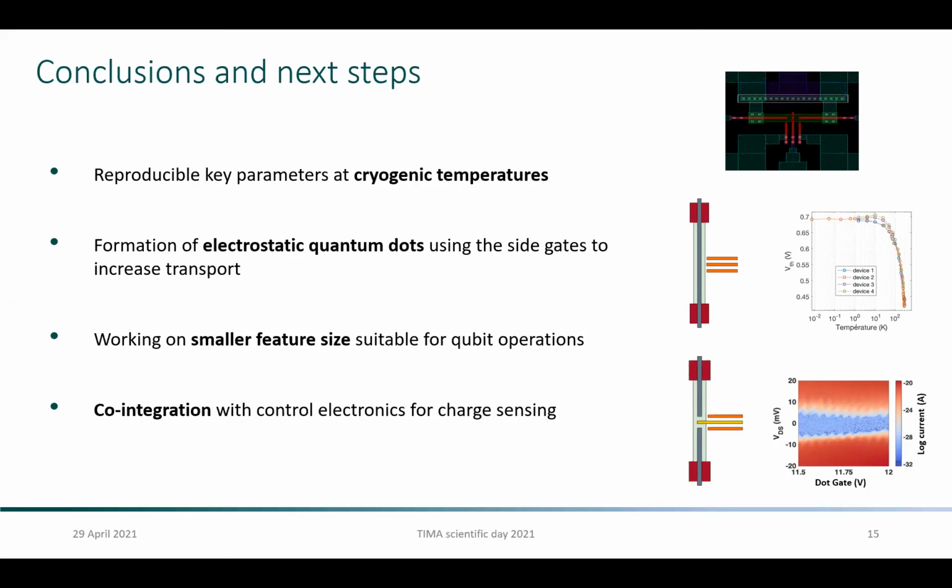I'm curious also the other way, in the other direction, how many of these devices can you put together for a complete system? Ideally, we need thousands, millions of qubits to make a quantum computer. But right now, the state of the art in silicon spin qubits is 4 qubits coupled together.